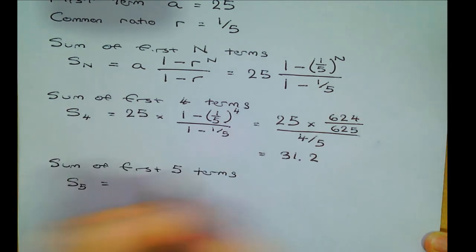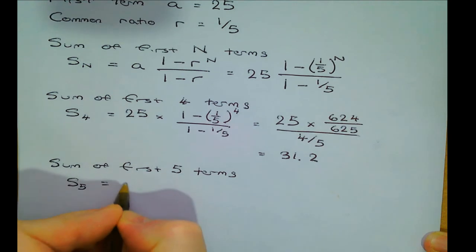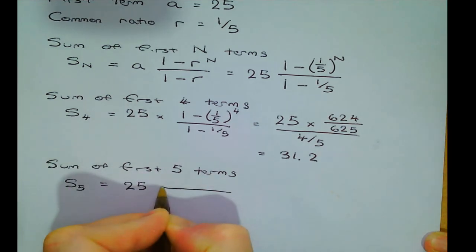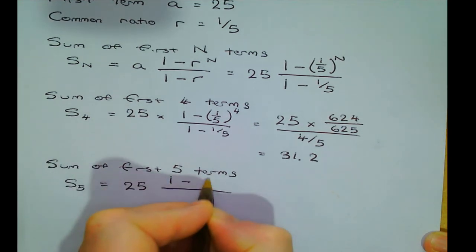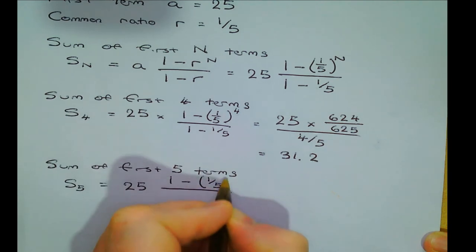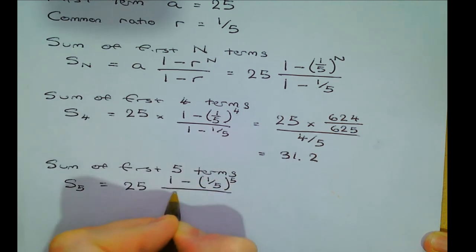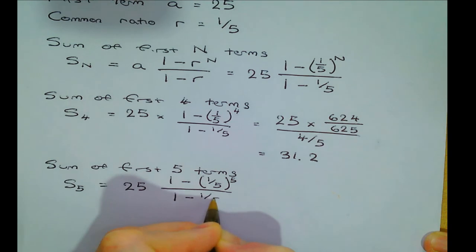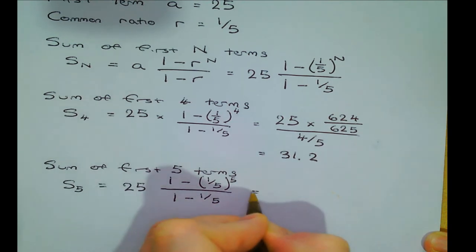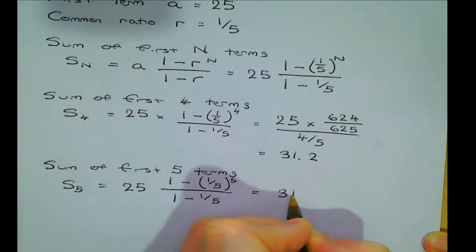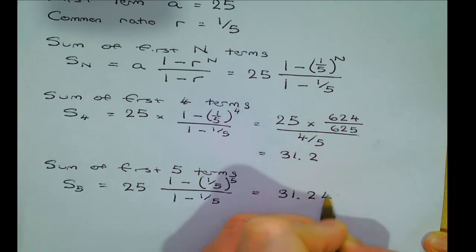Now, the sum of the first 5 terms. S5, working from here, is 25 times 1 minus 1/5 to the power 5, over 1 minus 1/5. Work it out in a similar manner, and we get 31.24.